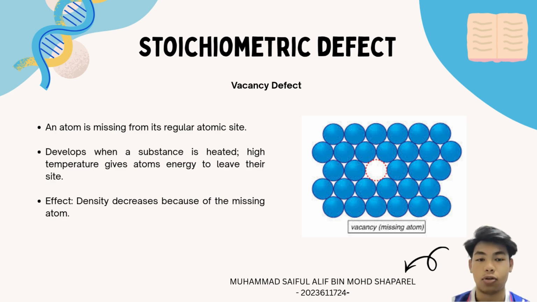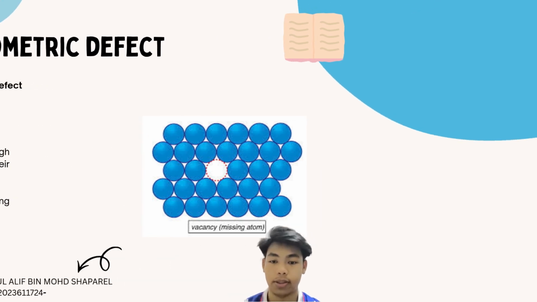This defect usually develops when a substance is heated. At high temperature, atoms vibrate around their positions, and some acquire enough energy to leave the site completely. Because atoms are missing, the density of the substance will decrease.